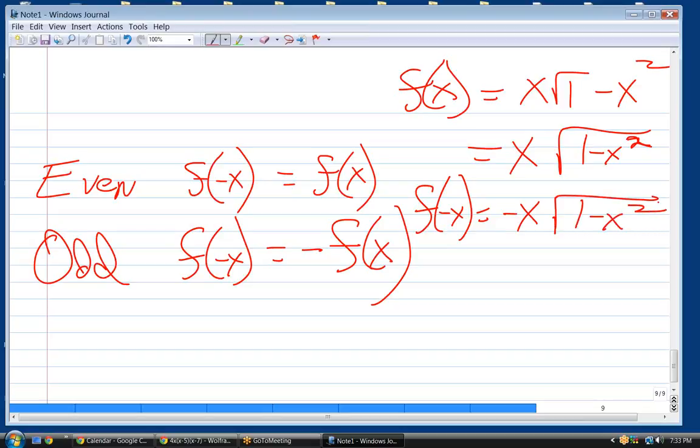Okay. Is that either f of x or minus f of x? For it to be even or odd, this has to be either f of x, which it isn't, or minus f of x.